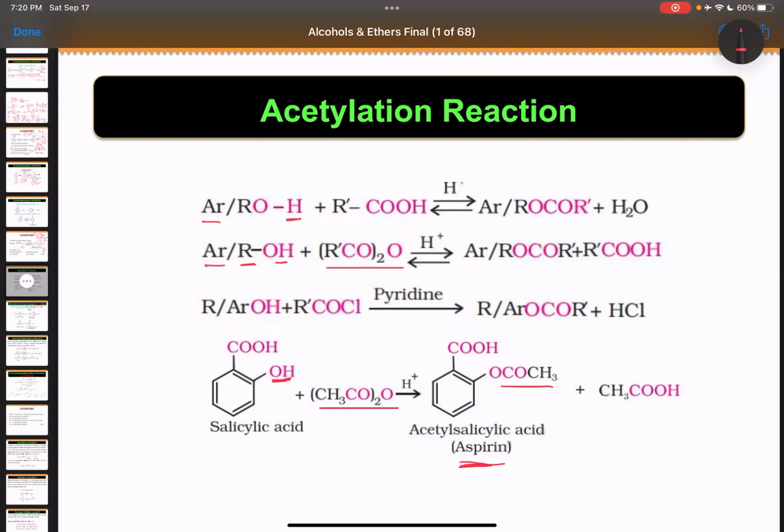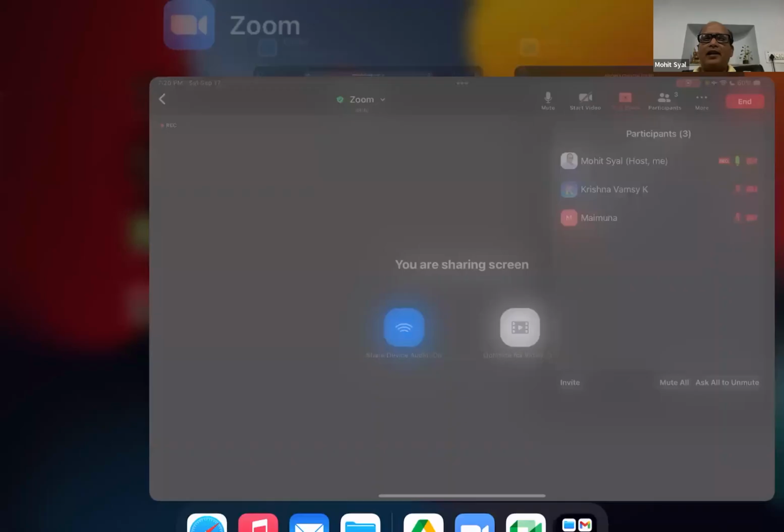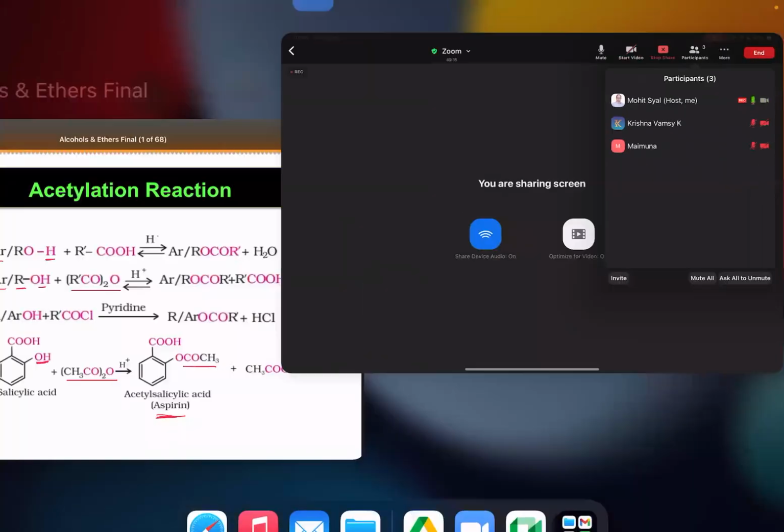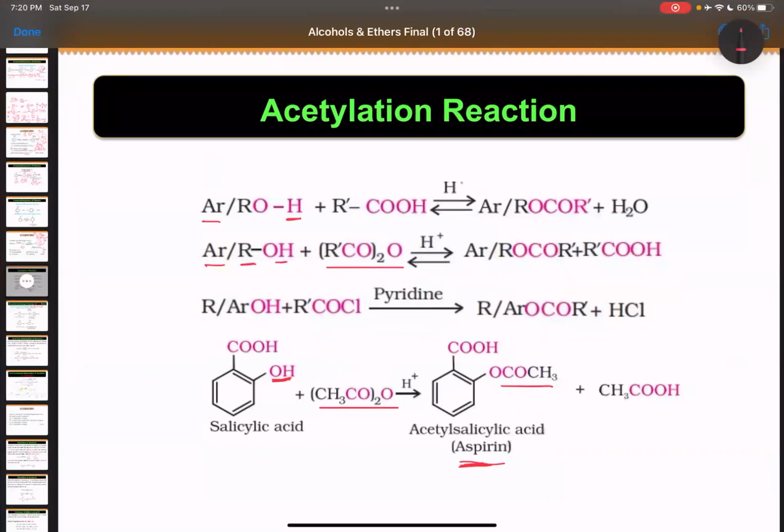And what questions are asked related to acetylation, that also I can quickly tell. They can ask in the school viva and in practicals also.